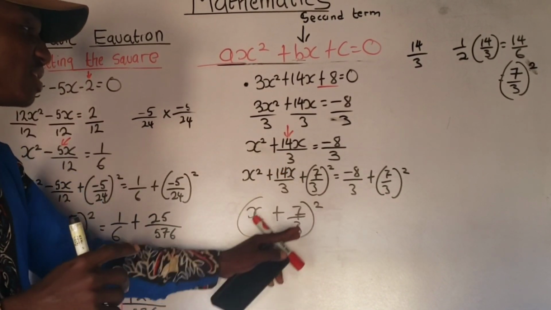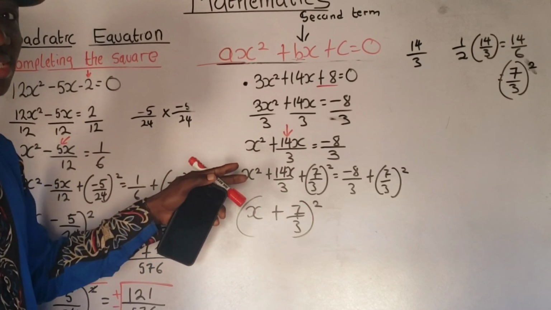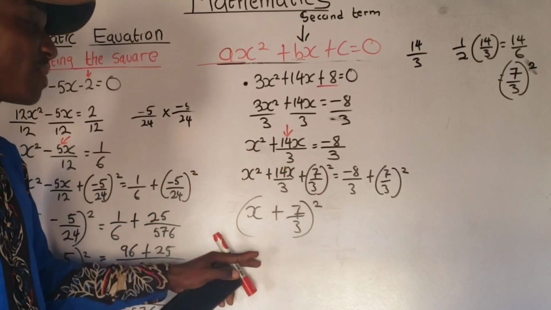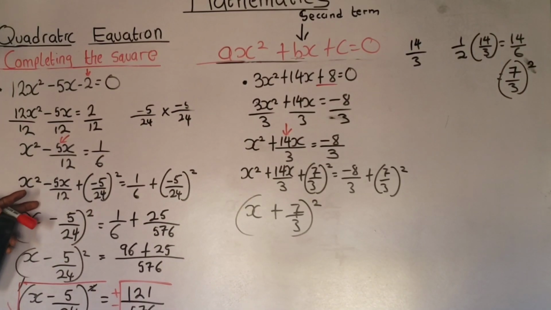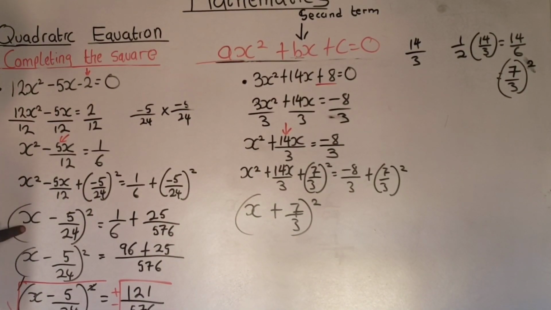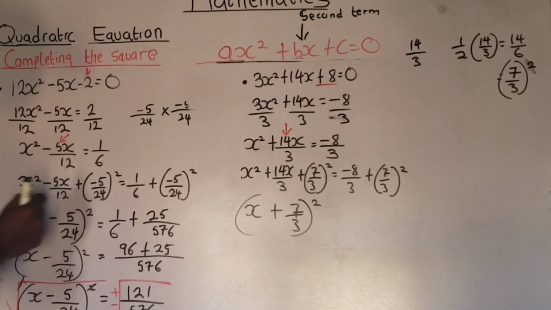That is what? 7 over 3. By the time you expand this bracket again, you are still going to have this. But we rewrite this as a perfect square. We are going to have x plus 7 over 3. Just like we did in the first question. We take x, are you paying attention? Then negative 5 over 24. Then we put square. You understand?